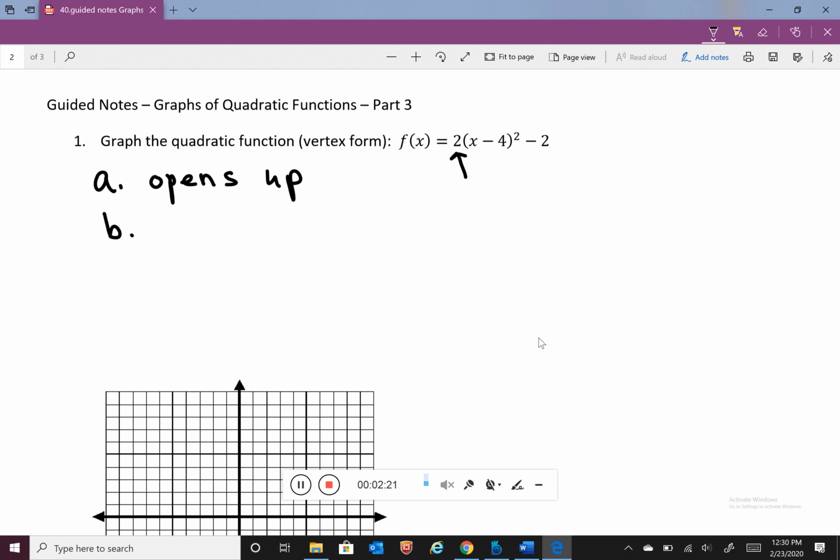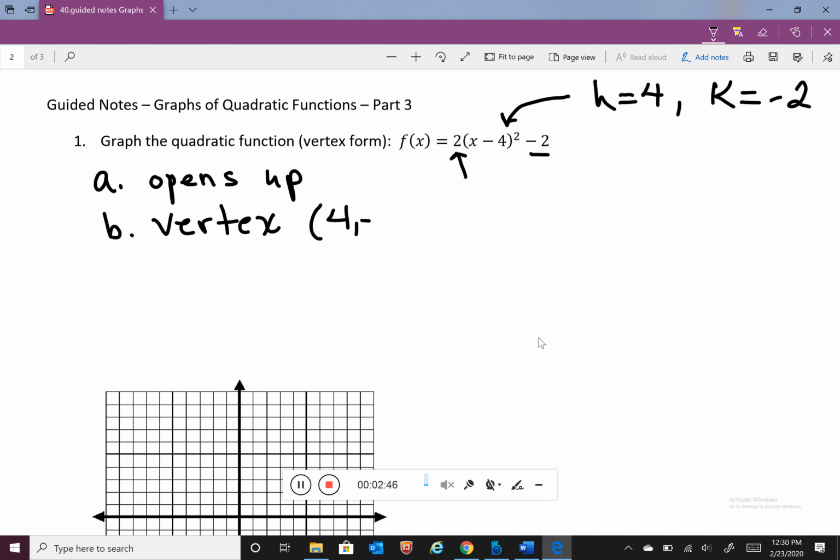Next, we're going to identify the vertex, and because this is in vertex form, we can see that h is positive 4. Remember, vertex form is x minus h, so h is 4. And then k is negative 2. So our vertex is 4, negative 2.